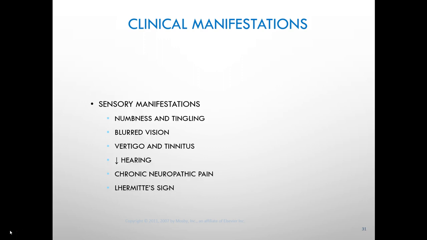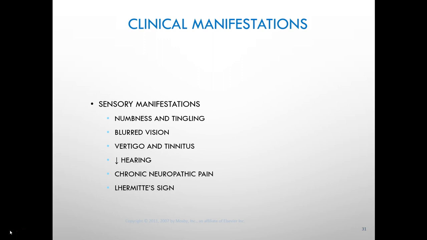Sensory: tingling and numbness in lower extremities. Falls become an issue. Educate them, wear covered shoes. Vertigo and tinnitus. Balance again becomes a problem. They can easily fall. If they start feeling they're about to fall, let them sit. Don't try to get to your destination; sit wherever you have somewhere to sit.